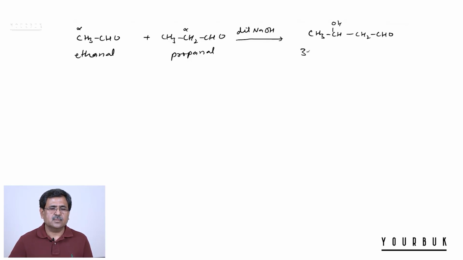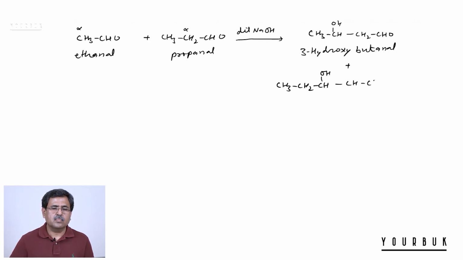This is called 3-hydroxybutanal. Second is the self aldol product of propanal. This is called 3-hydroxy-2-methylpentanal.